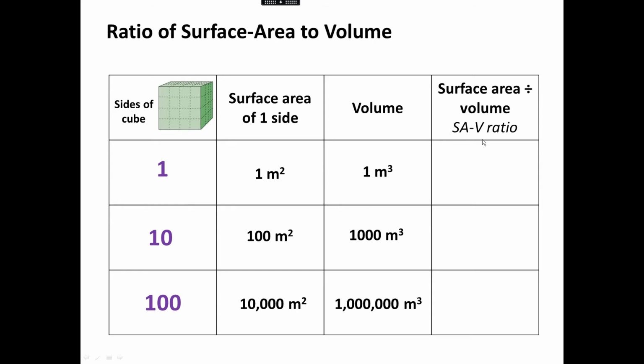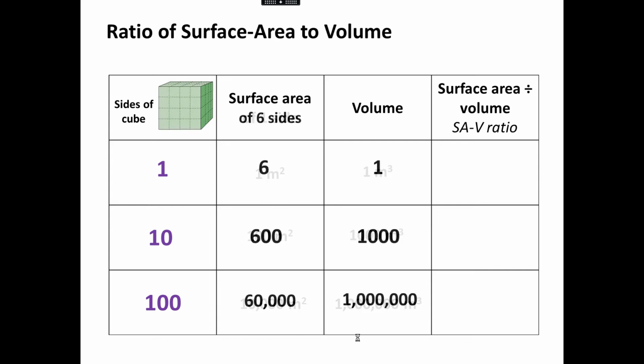Right? Now, before we work out the surface area to volume ratio, we have to take into account the fact that there are 6 sides to each cube. Right? So let's times those by 6. So for this cube, if it's 1 meter on a side, its total surface area will be 6, and its volume will be 1 meter cubed. And for a cube of side 10 meters, the surface area will be 600 meters squared altogether, with volume still being 1,000 meters cubed.